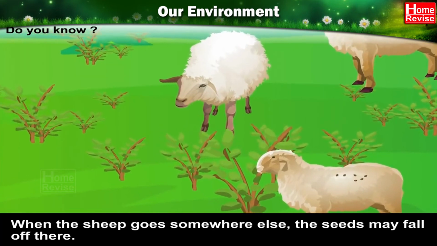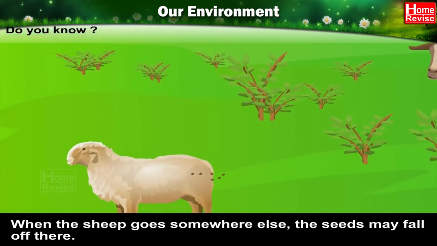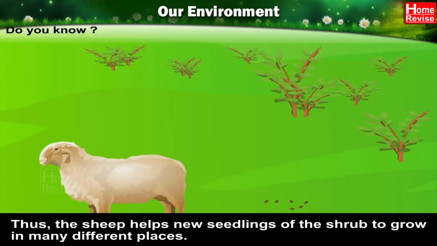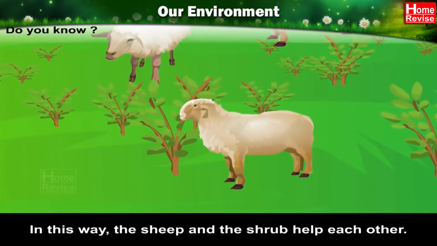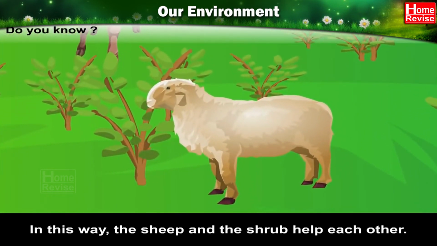When the sheep goes somewhere else, the seeds may fall off there. Thus, the sheep helps new seedlings of the shrub to grow in many different places. In this way, the sheep and the shrub help each other. Interesting, right?